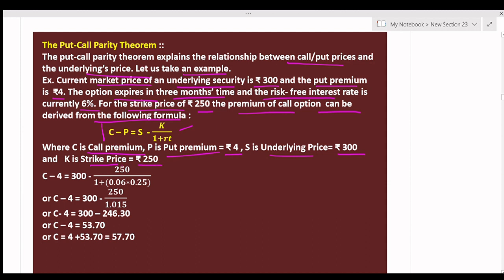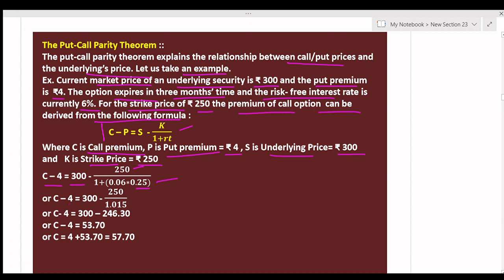Now put the values of P, S, K, R and T in the equation, that is C minus 4 is equal to 300, S is equal to 300, minus K 250 divided by 1 plus RT. R is equal to 6% and T is equal to 0.25.